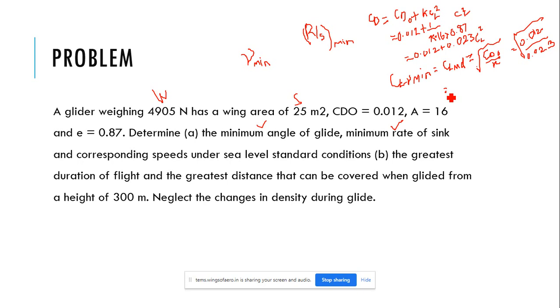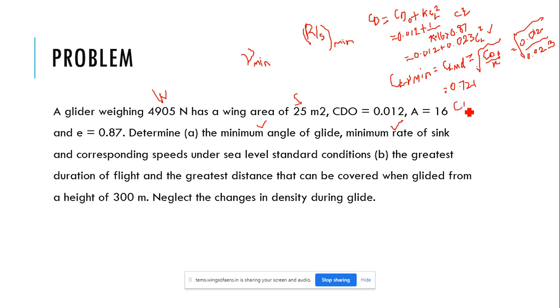Okay, so by calculating, for CL at gamma minimum, we will get 0.721.